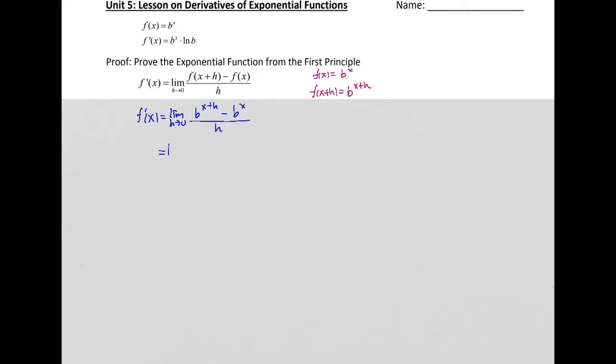And we know if there is addition in the exponent, that means there are two powers that are being multiplied. As you can see, they have b to the exponent x in common, so we're going to common factor them.